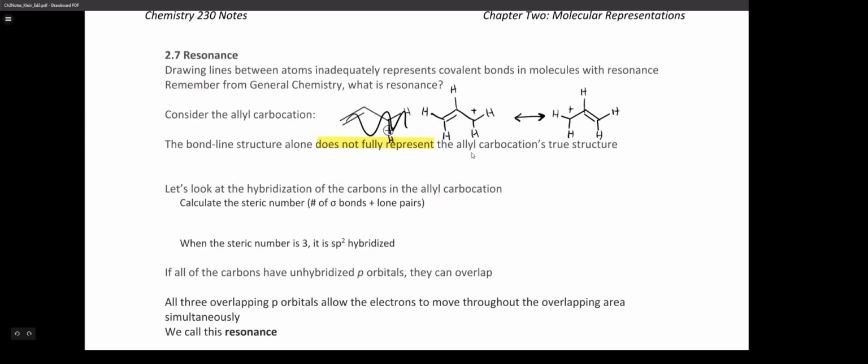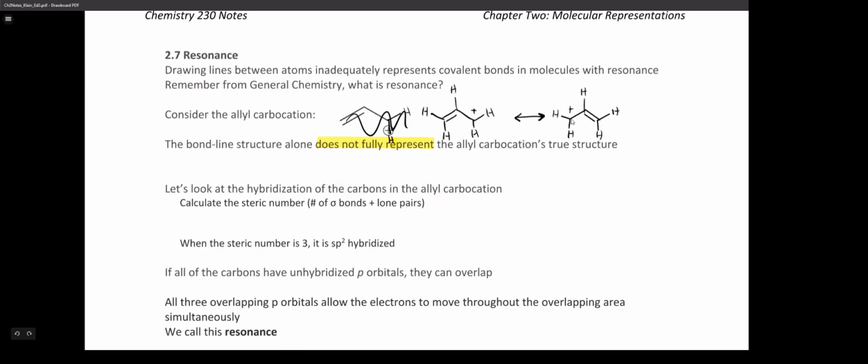Okay. What is the hybridization of every carbon here? This carbon is easy to see. sp3? No? sp2, good. What is it when it's got a positive charge? Is it still sp2?